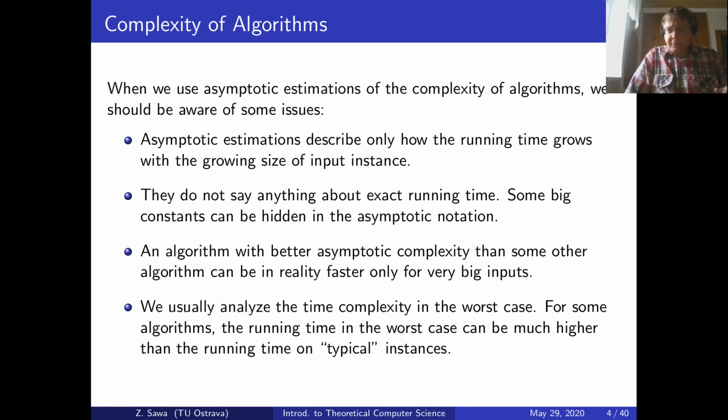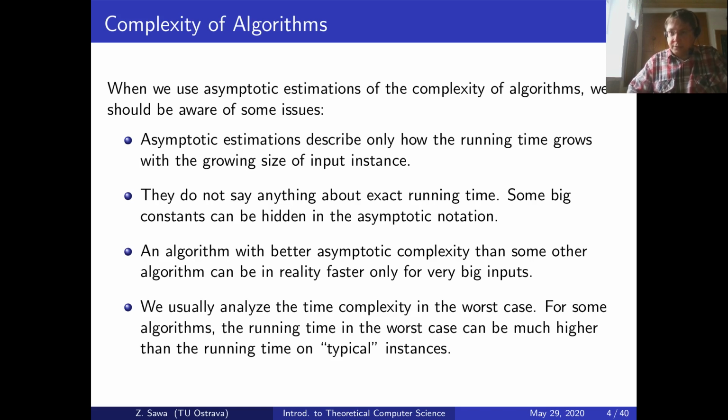As a typical example, consider the efficient algorithms for sorting, like quick sort, heap sort, merge sort, and so on. And consider some simple algorithms like bubble sort, insertion sort, selection sort. Of course, when we have some big input, maybe an array of 1000 elements, these efficient algorithms will be very much faster than these simple algorithms with quadratic complexity.